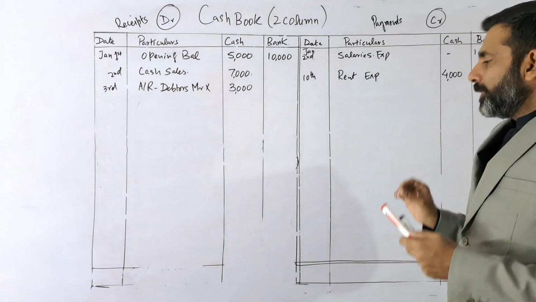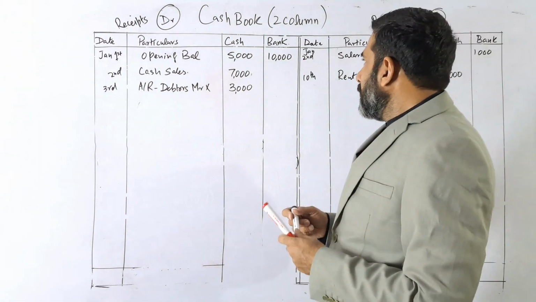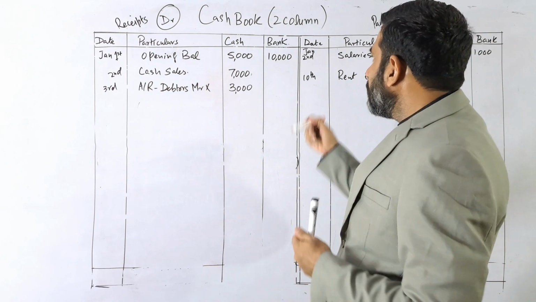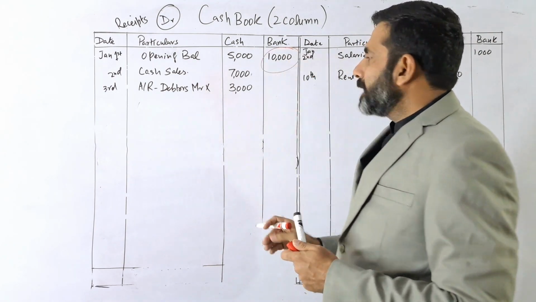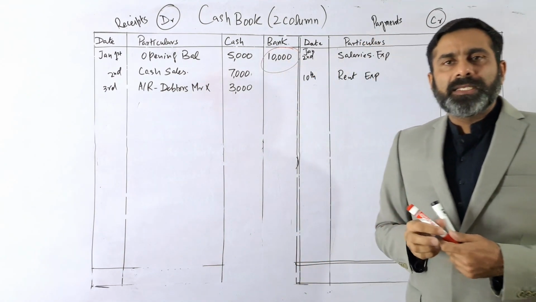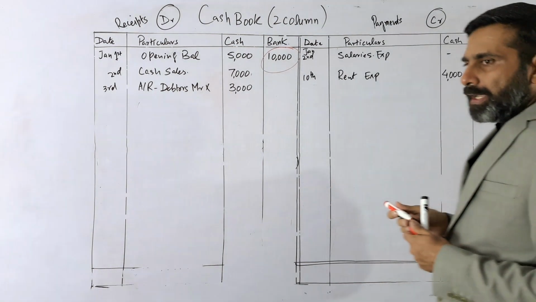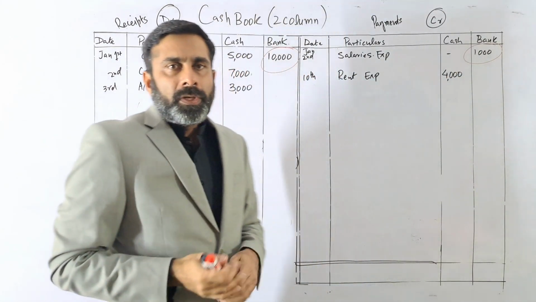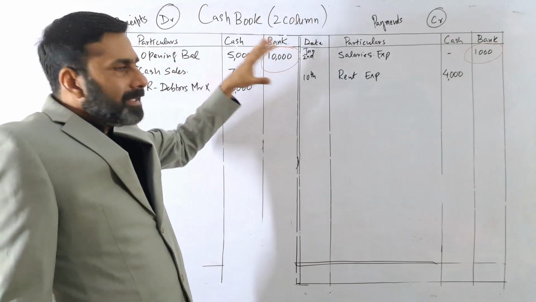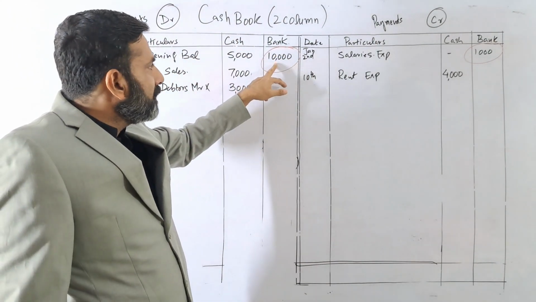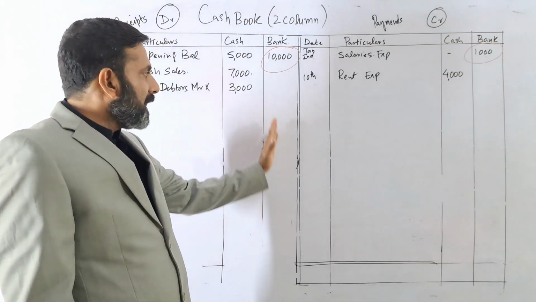Now if we see here, we had $10,000 at the start of the month in the bank account, and $1,000 we have paid. So what was the balance at the start of the month? That was $10,000 in the bank account.